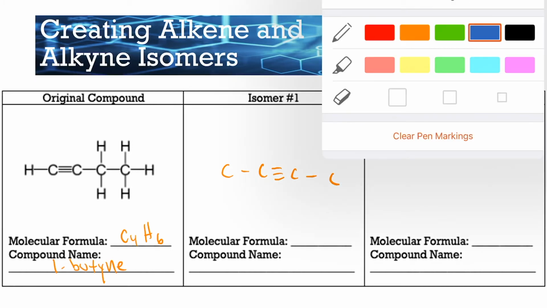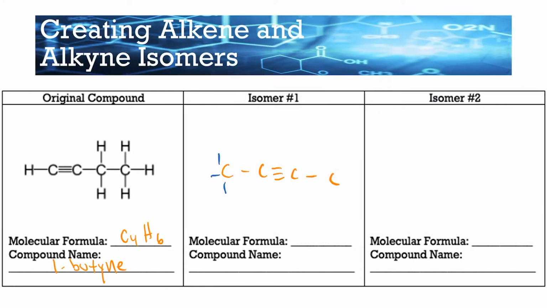And now every other blue dash is going to be an H. We still have C4 and 6 H's. But now this compound would be named 2-butyne, because we have the 4 carbons, yne because we have that triple bond, and 2 because that tells you where the triple bond starts.